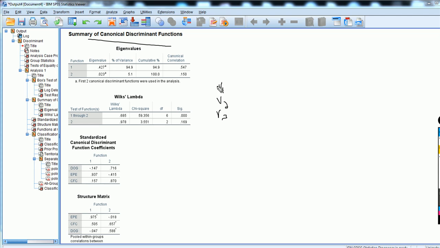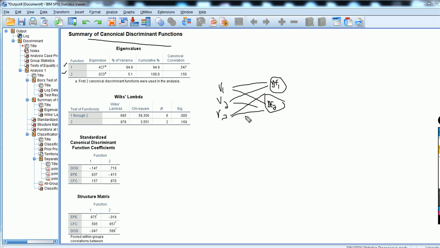The information from these variables is combined to create discriminant functions. In this analysis, we had 2 discriminant functions derived. Each of the discriminant functions is related to our predictor variables, but they are uncorrelated with each other. So this is discriminant function 1, this is discriminant function 2.